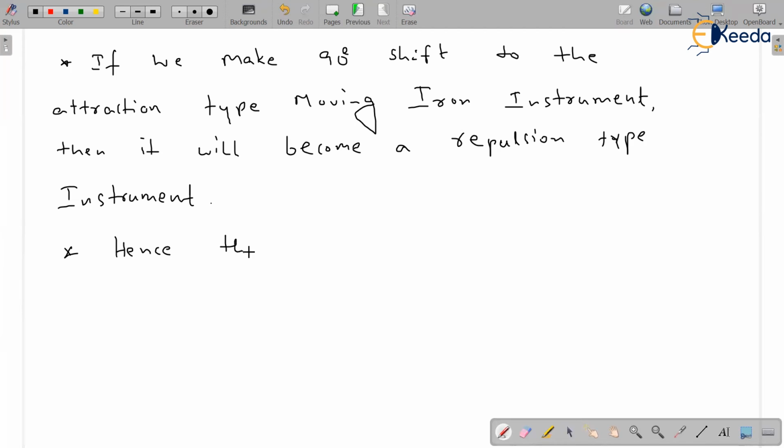Hence, the handle is totally vacant or hollow.